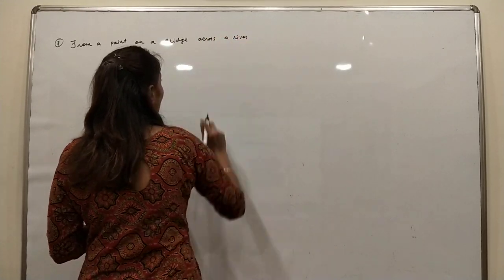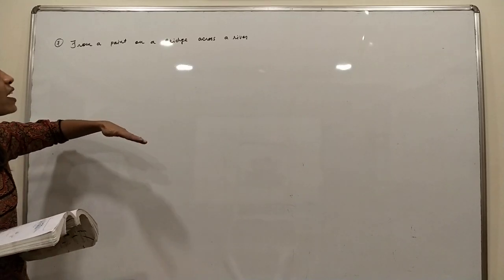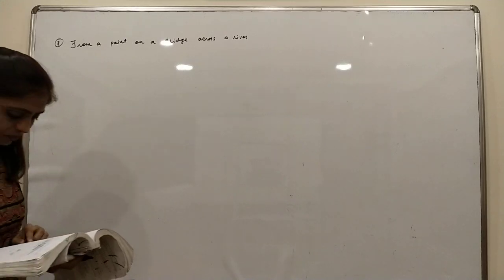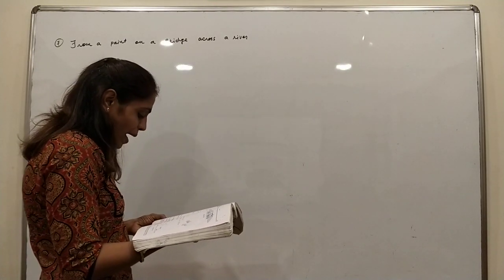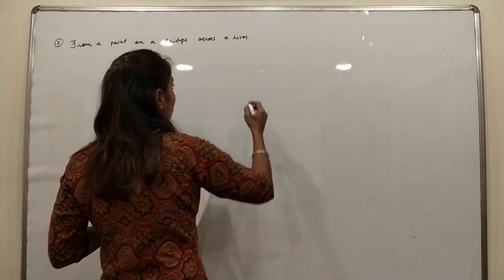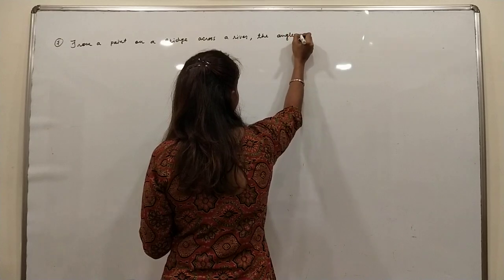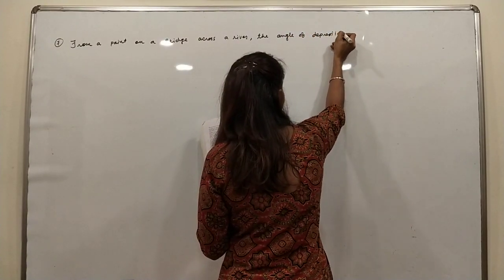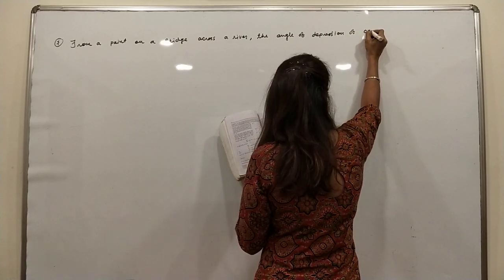That is, there is a river, and on the river there is a bridge, and there is a point on the bridge. The angle of depression of the opposite bank.